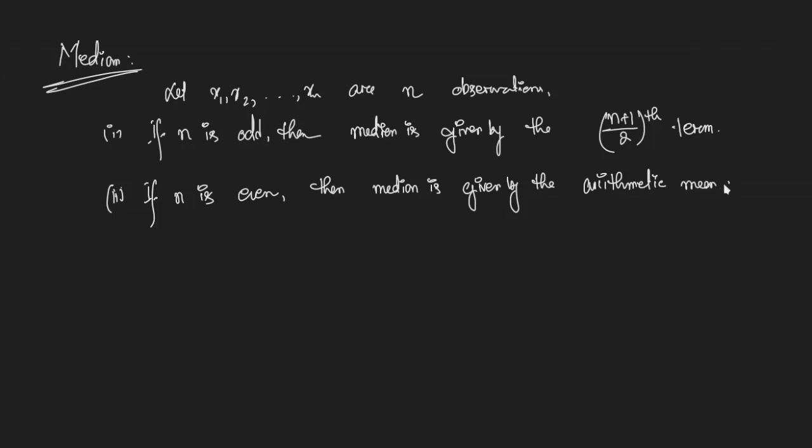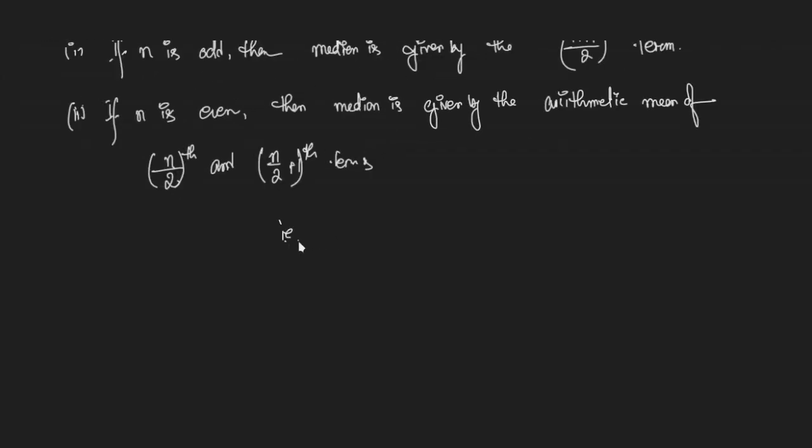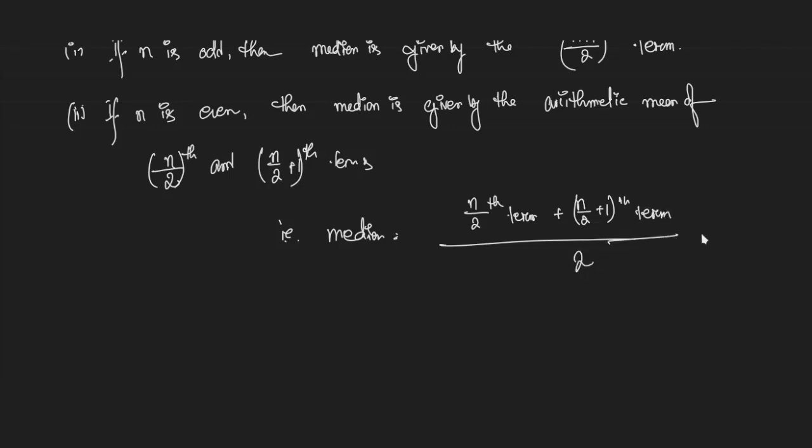Arithmetic mean of the n by 2th and n by 2 plus 1th term. That is, median is equal to the n by 2th term plus the n by 2 plus 1th term, by 2.